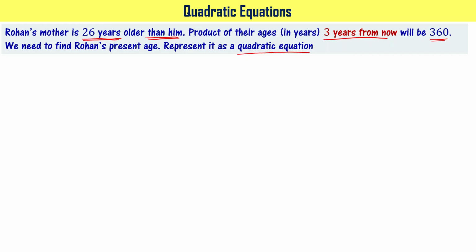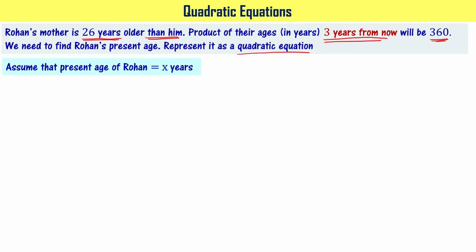For that, the other statement given is saying product of their ages 3 years from now will be 360. Not product of their ages at present. Product of their ages 3 years from now will be 360.